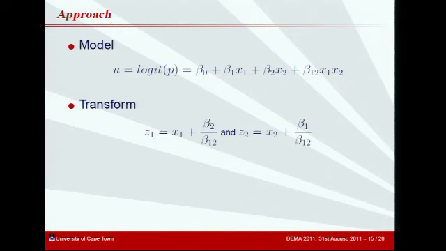You can't escape from the product term x1 x2. But you can transform, and I'll explain a little more of the geometry of this in a moment. If we do that magical transformation, we simply finish up with a very simple model like that. U is beta 0 star plus beta 12 z1 z2, and beta 0 star has the expression that I've shown.